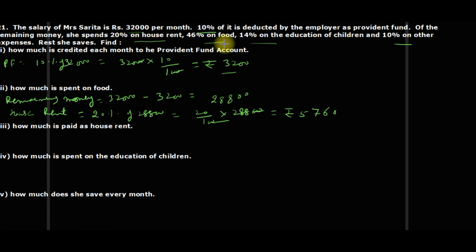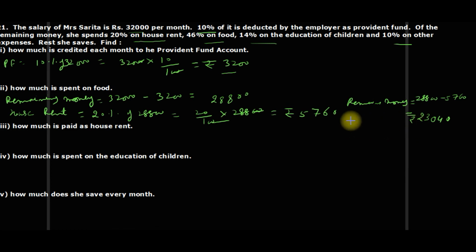Now question is 46% on food. Remaining money after paying house rent would be 28800 minus 5760. This would come out to be rupees 23040.